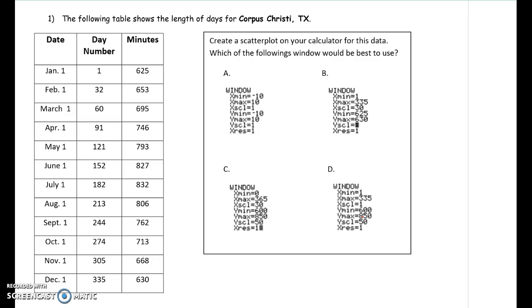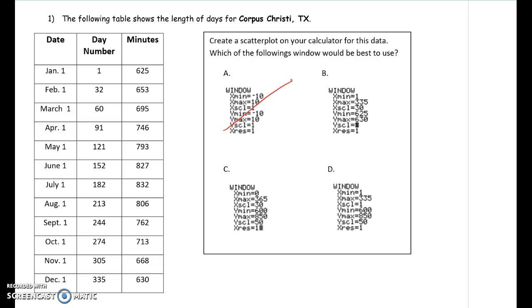So if you'll hit zoom, actually not zoom fit, zoom stat, it's number 9 on my calculator, and it shows this graph really perfect, really pretty. I'm going to do that first and then hit the window, because when you see the window, it's giving you a good range of values.